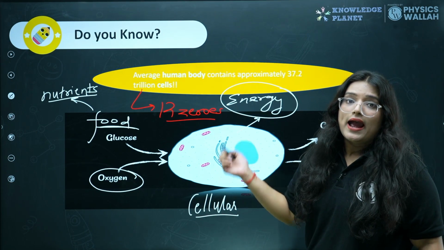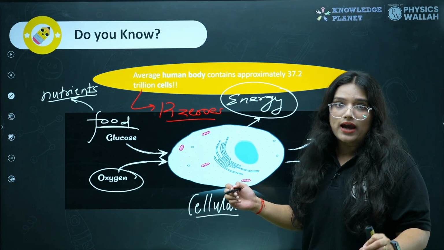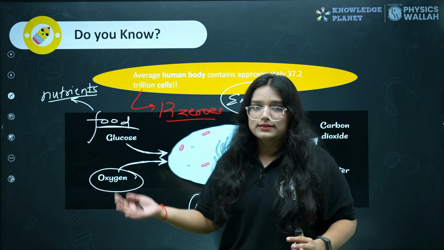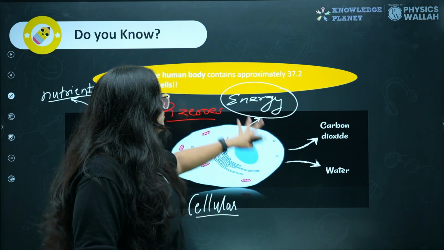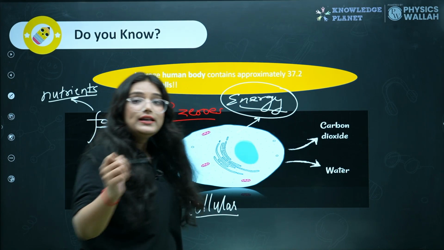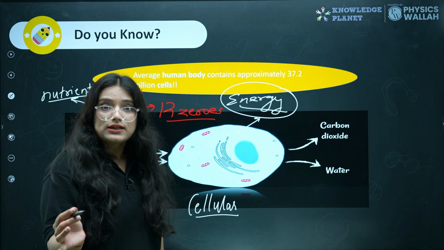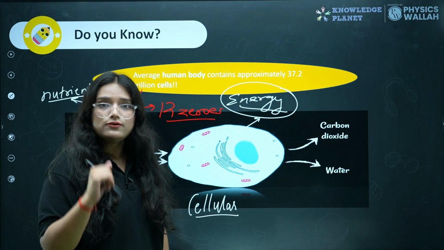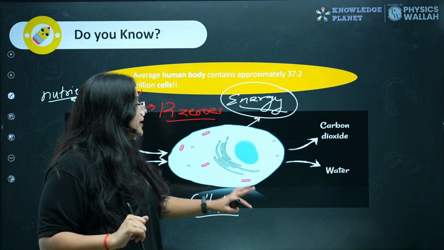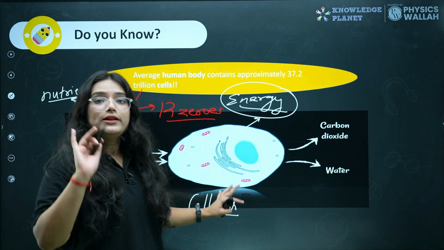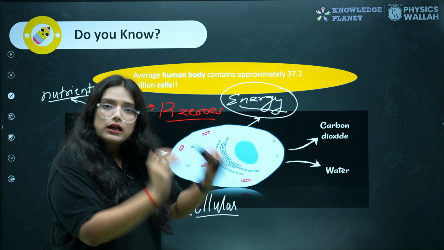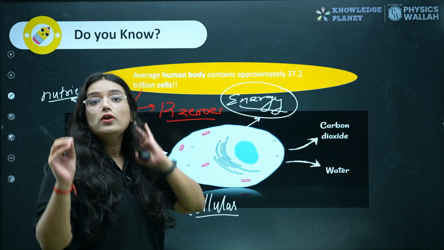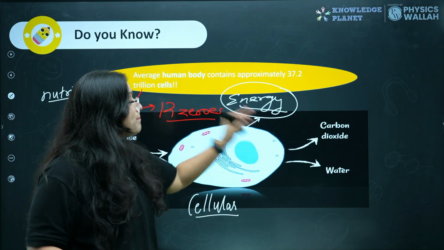But hey, any biochemical reaction will form products, right? Here the ultimate product is energy. We need it to do the day-to-day activities. Even the cell requires it to perform all these functions. Similarly, during any other metabolic reactions, you will get the ultimate product, but you will also receive certain byproducts.